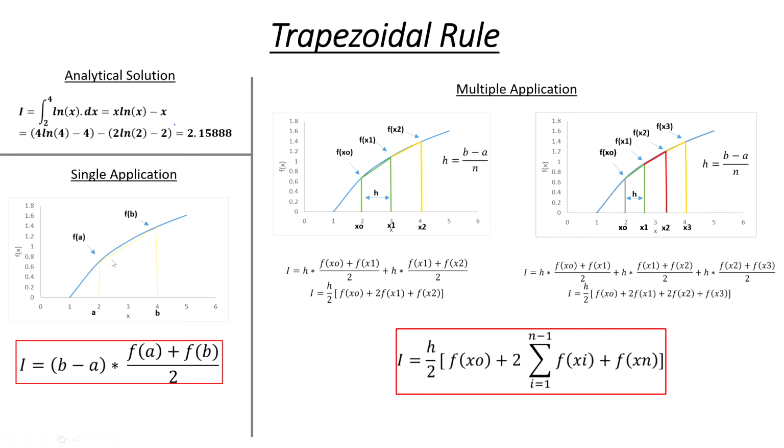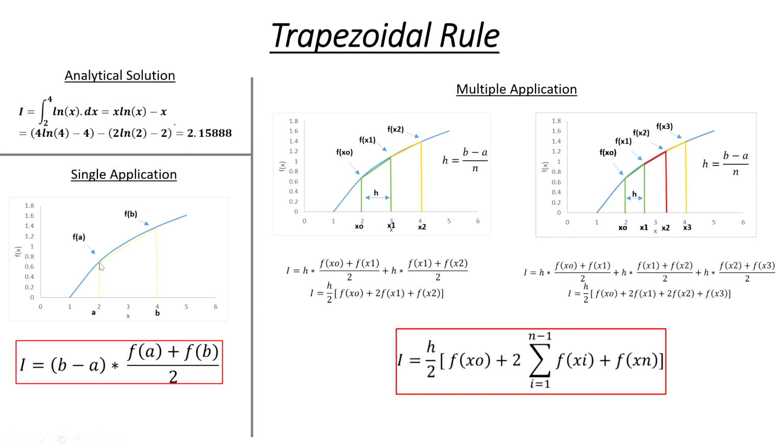Well, the trapezoidal rule uses one of the simplest functions, a polynomial, and within the polynomials, a first order polynomial or a linear function. So for a particular interval, for this example between 2 and 4, instead of defining the function in terms of ln of x as this blue line, I'm going to define it as a linear function.